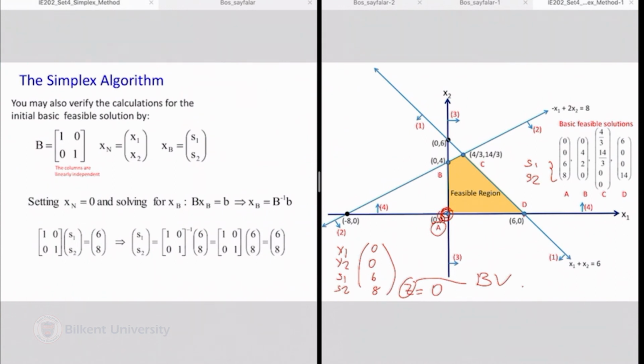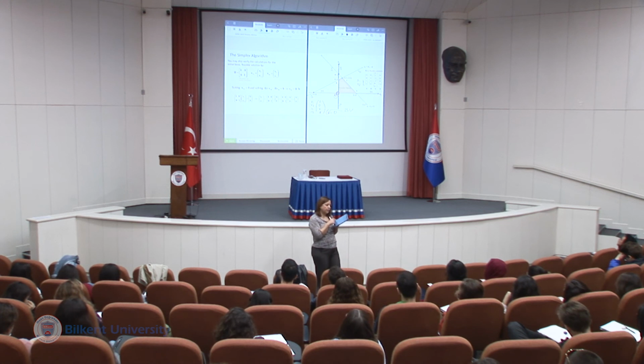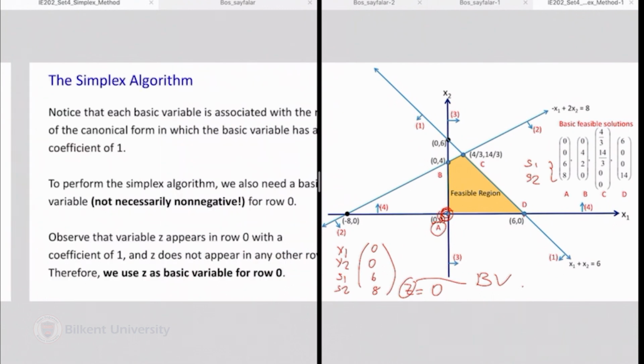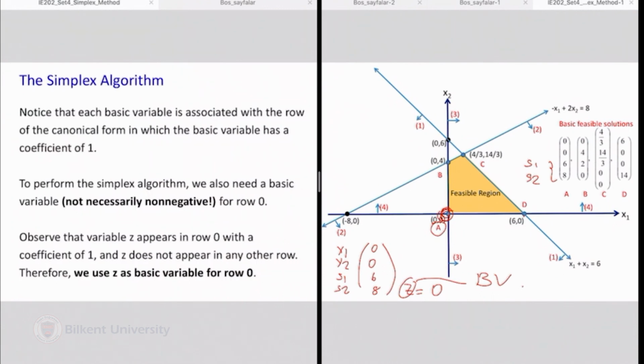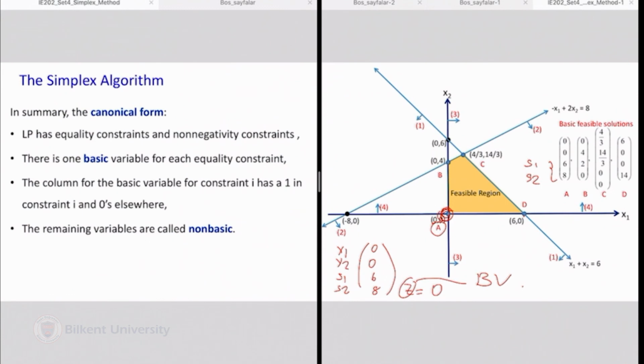So in your A matrix, it's as if you picked the s1 and s2 columns as your basis, but these are identities, so everything works out very easily as far as this basic feasible solution is concerned, right? Because B inverse B is the same as identity times B. Okay. And that's my current solution if I say that z is also a basic variable.